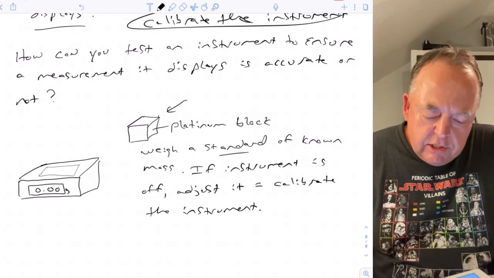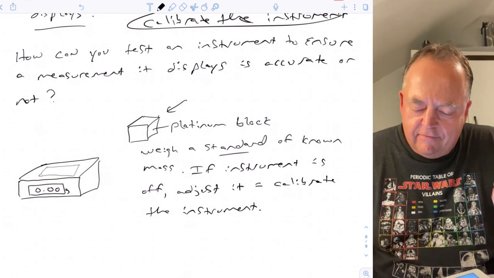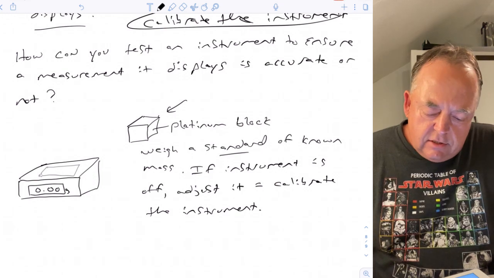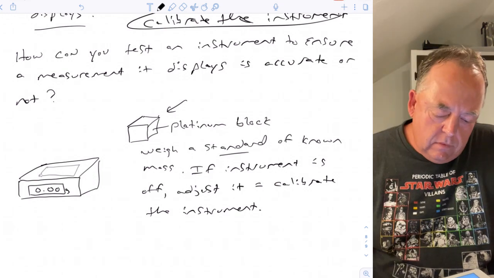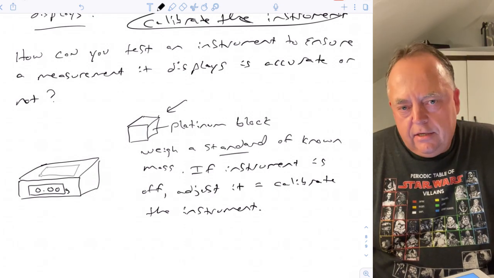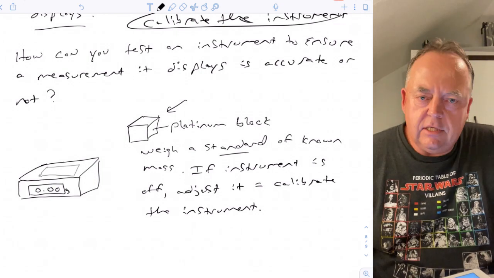The manufacturers of that balance may send you a platinum block or some block that has a mass that is known to several decimal places. So you would put that block on the balance and weigh it. And if your balance is off, then you have to adjust the balance and tweak it until it reads the right mass, and then your balance is calibrated.